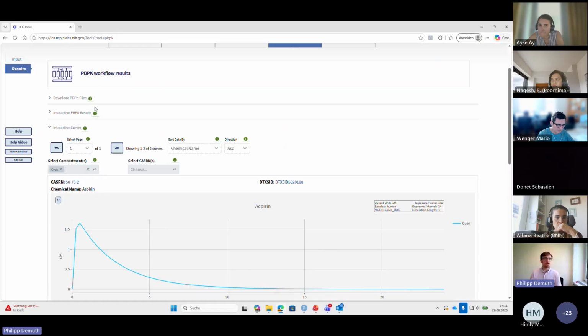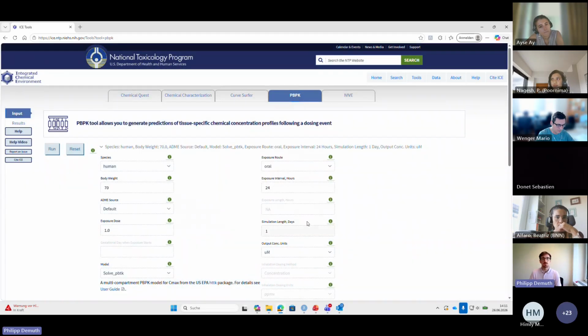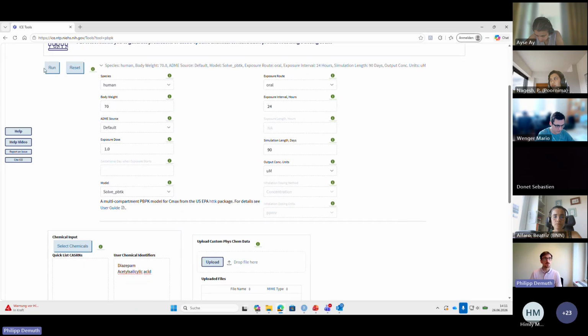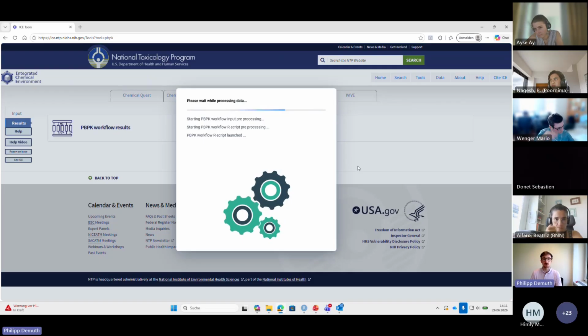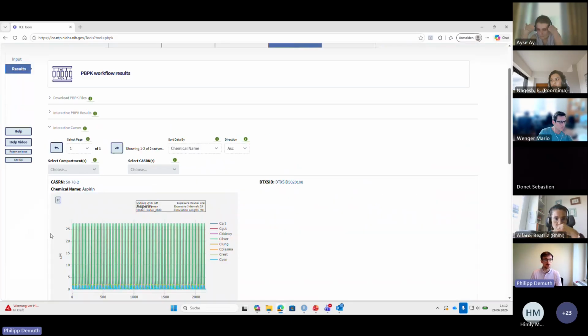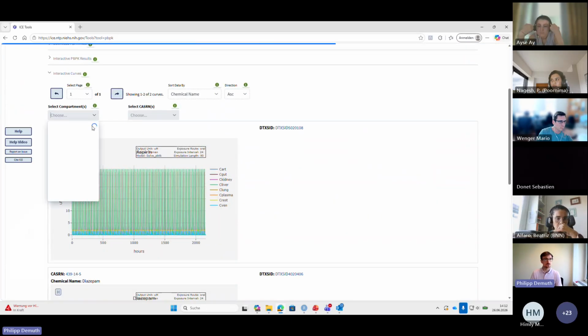So if we now, as an input, apply a typical duration of a toxicological chronic study of 90 days, in the rat, for example, we would then see the corresponding plasma time curves that give you information about how the compound would behave after chronic exposure. And again, we choose the venous concentration as an output.